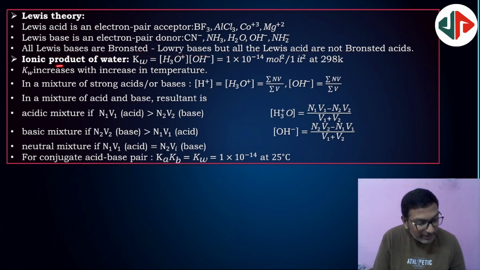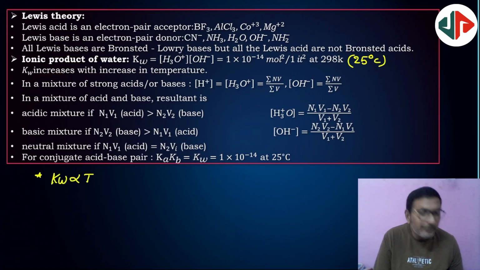Next, ionic product of water, Kw equal to H plus into OH minus, which is equal to 10 power minus 14 at 25 degrees centigrade or 298 kelvins. Next, Kw value increases with increase of temperature. That means Kw directly proportional to temperature, ionic product of water.